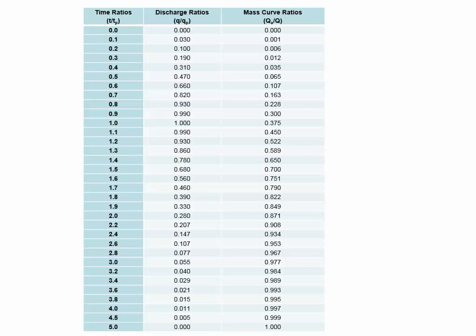That ratio is 2.0. So look on this table. The first column is t to t sub p. Where it says 2.0, we follow it over and it's 0.280 for the discharge ratio. So the Q versus Q sub P is 0.280. So what is the flow rate at that time?